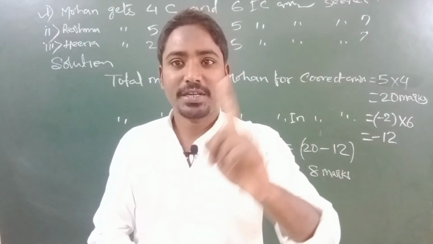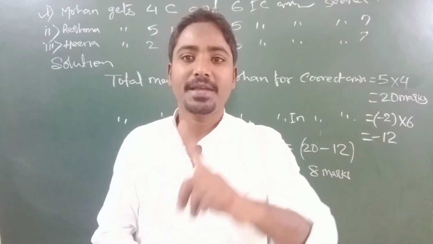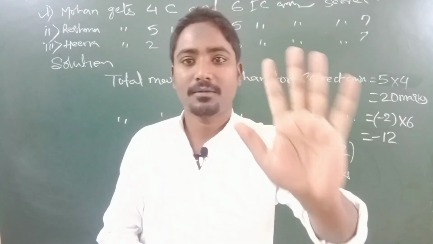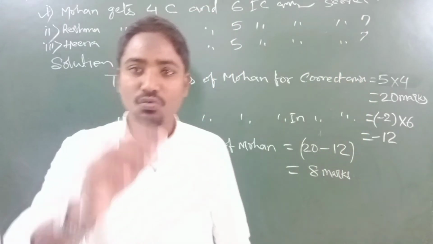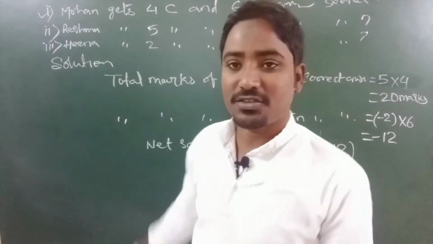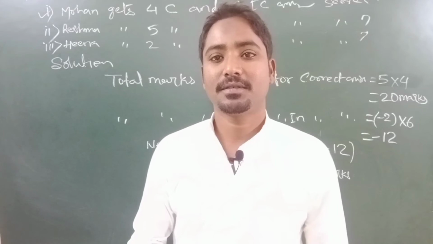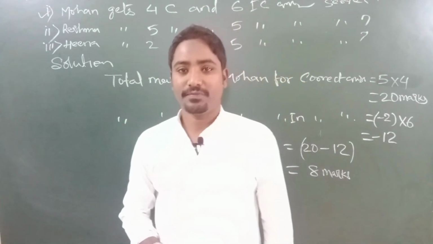Now she is attempting 5 wrong answers, so 5 into -2 is -10. The net score of Reshma will be 25 minus 10, and finally we will get 15.